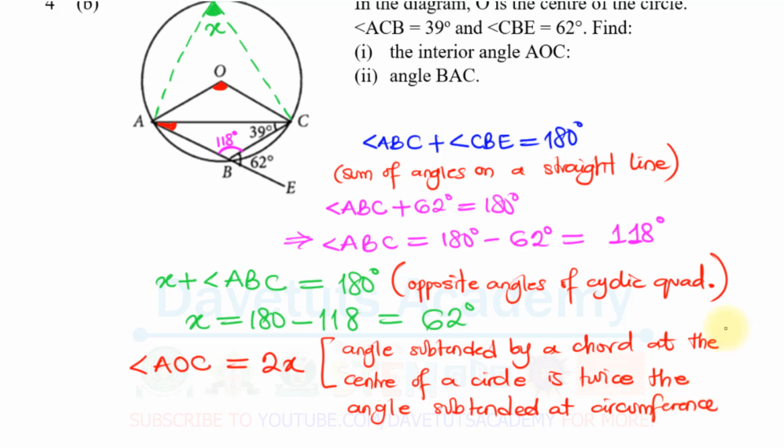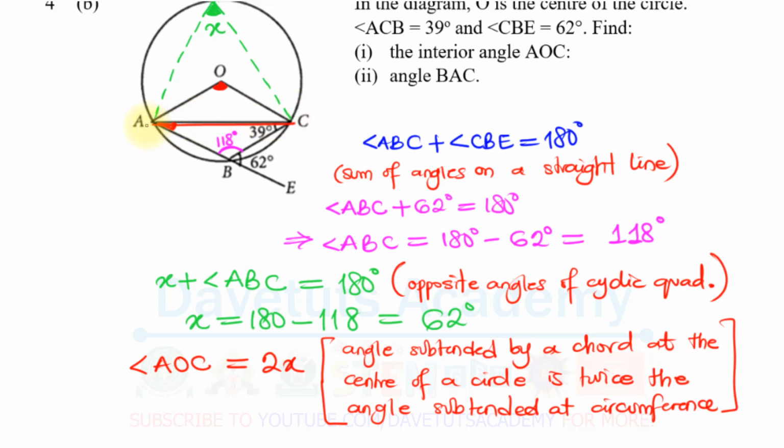Okay, so if you know this, then definitely your work will be quite easy for you to just draw out and get your answer. What I meant by this is that, okay, the diagram is now moving towards the upper part. This is the angle AOC, and this is the chord called AC that I'm talking about.